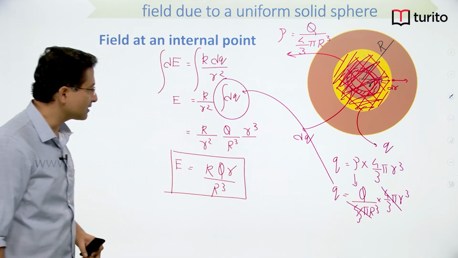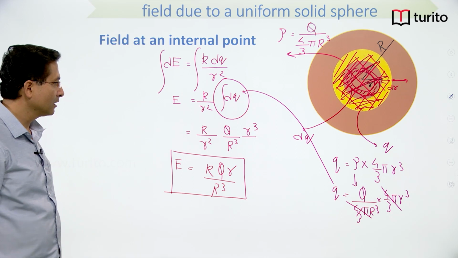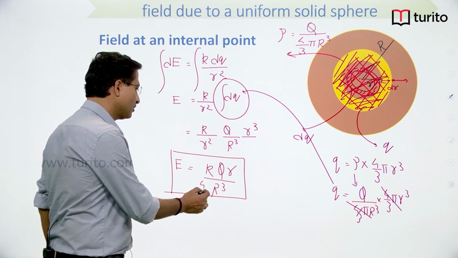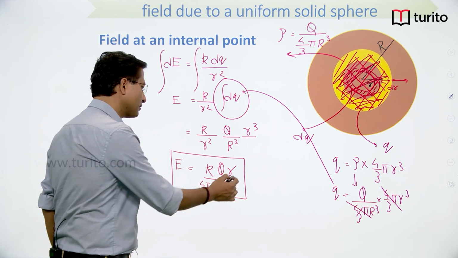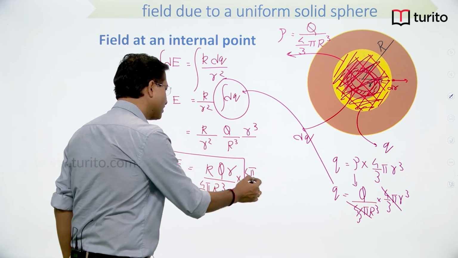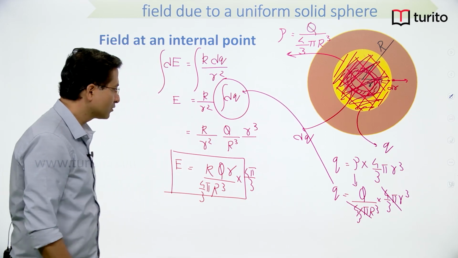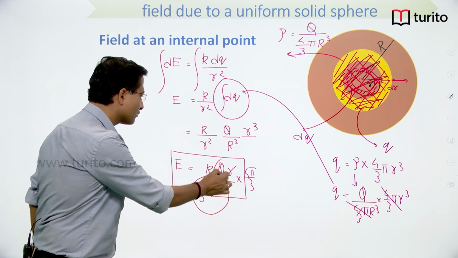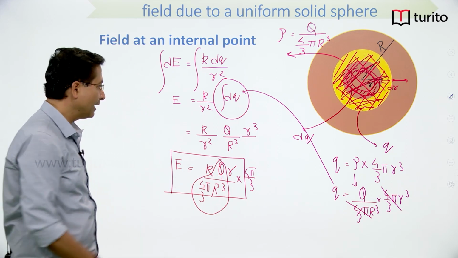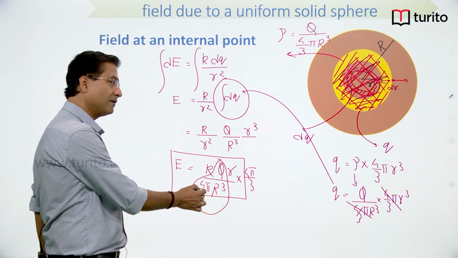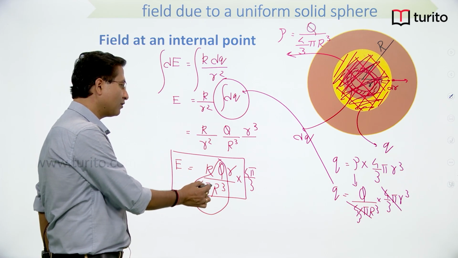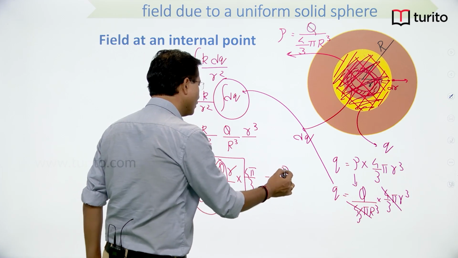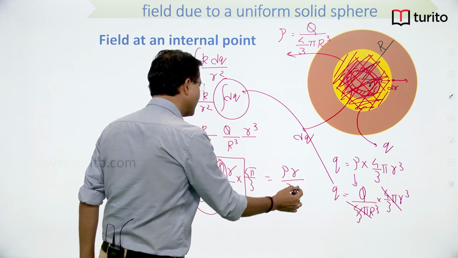I can also write this in terms of density. If I multiply and divide by 4 by 3 pi in the same expression, this gets converted into rho, and K is nothing but 1 upon 4 pi epsilon naught, so 4 pi will get cancelled out. This can also be written as rho r divided by 3 epsilon naught.